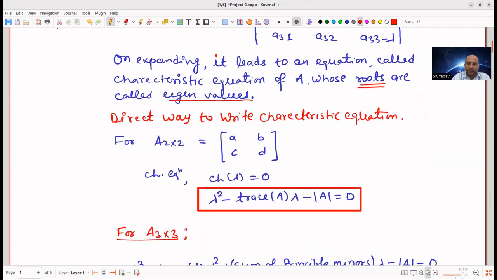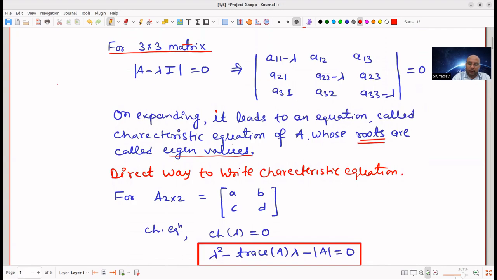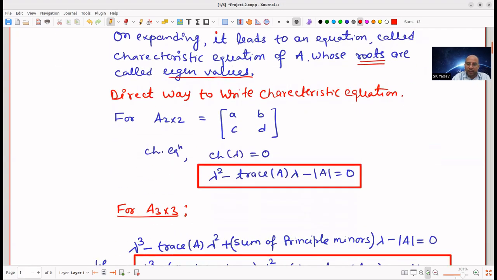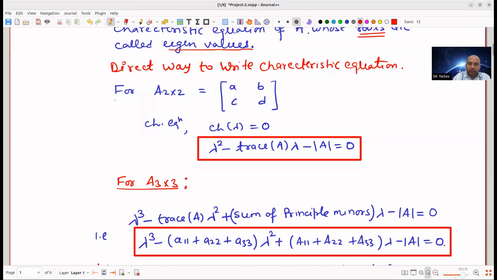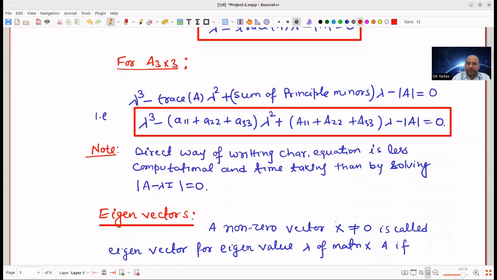So let us see the direct way of writing the characteristic equation. For a 2 cross 2 matrix, one can easily write the characteristic equation as lambda square minus trace of matrix A, where trace means the sum of diagonal elements a plus d, plus determinant of A equals 0. For a 3 cross 3 matrix, we can simply write lambda cube minus trace of A into lambda square plus sum of principal minors into lambda minus determinant of A equals 0.